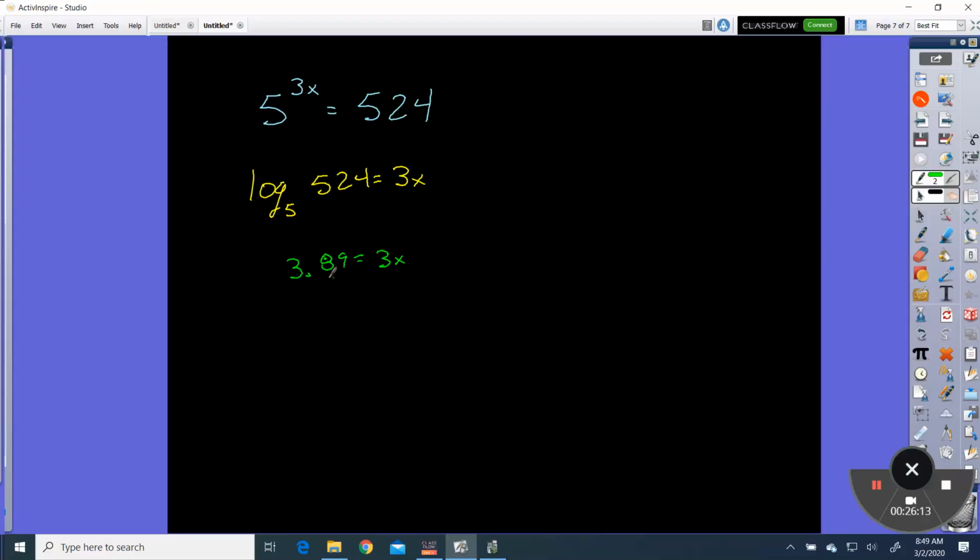And now to get the x alone, we just divide each side by 3.